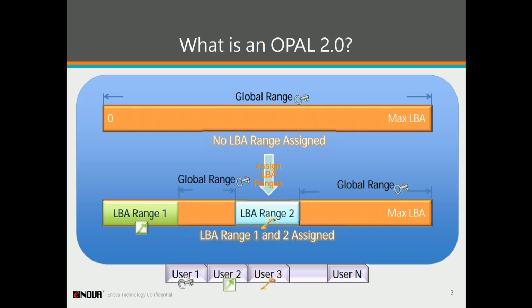So a bigger drive, such as a 1 terabyte drive, has bigger LBA numbers than a smaller drive, such as a drive with 120 gigabytes or 500 gigabytes. So the OPAL operates on LBA, and the OPAL code has what is called the global range, and that global range has one unique secret key operating based on the AES algorithm to encrypt the entire global range.